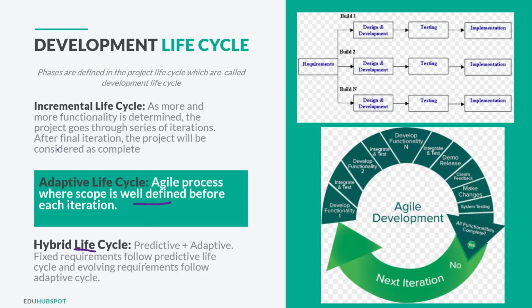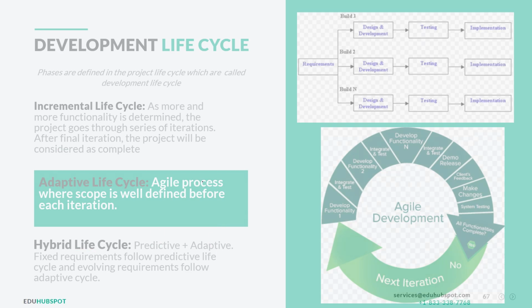Then we have the last one, which is the hybrid life cycle. Hybrid is a combination of predictive and adaptive. Predictive, if you remember, was the waterfall model, right? So your fixed requirements would be handled by the predictive life cycle, and for the requirements which are constantly updating, changing and evolving, you will follow the adaptive, the agile approach.